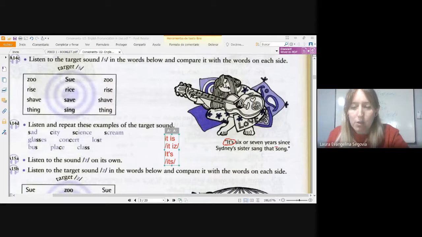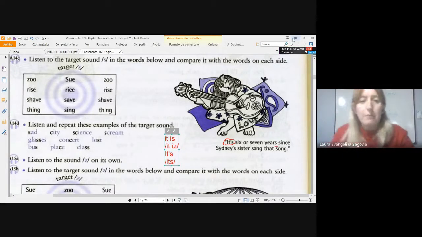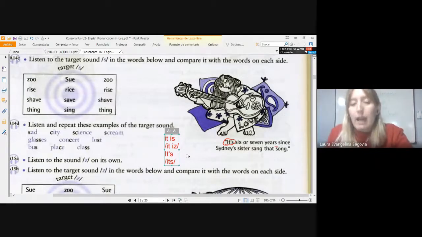So again, as your partners were saying, there is a change in voicing. Why? Because the t sound here is next to the s sound. So t is voiceless, so the s sound should be voiceless too.